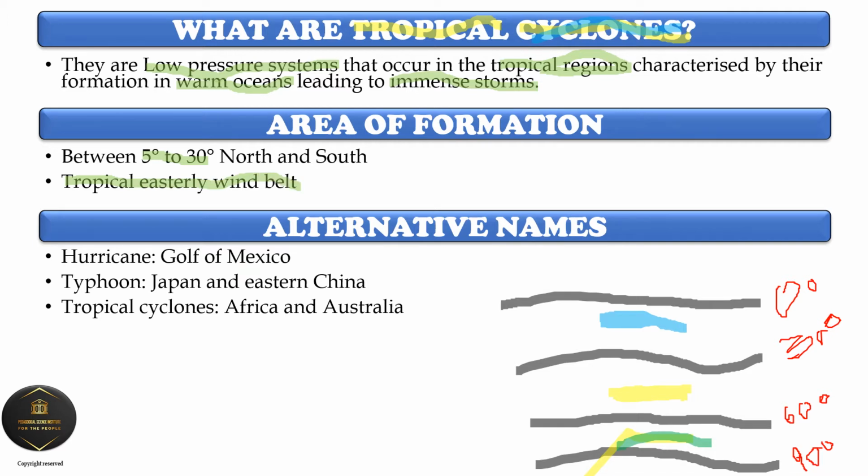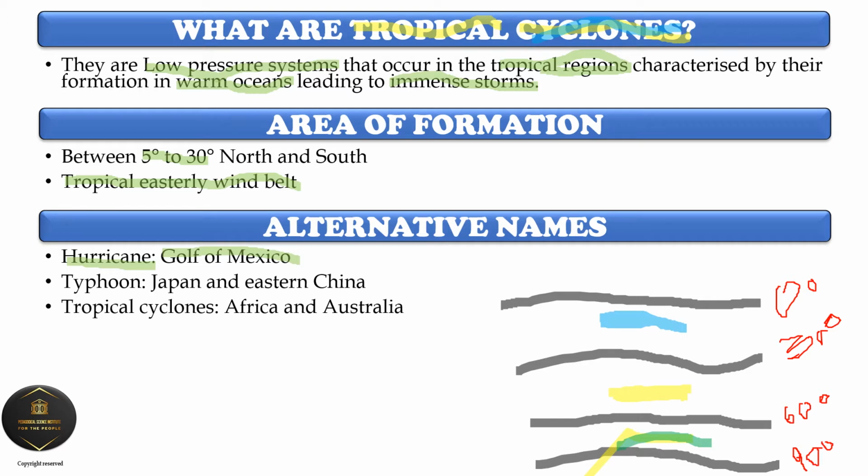And of course, just as mid-latitude cyclones have alternative names, tropical cyclones as well do have alternative names. So they are first known as hurricanes. You know how people in the northern hemisphere like being fancy about this stuff, so to give them such a fancy name, hurricane. So the map here is just showing in what parts of the world they use that name.